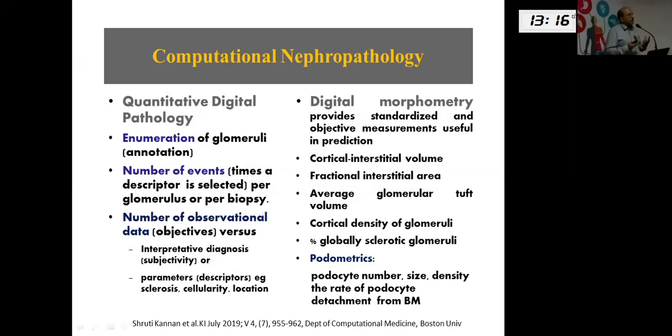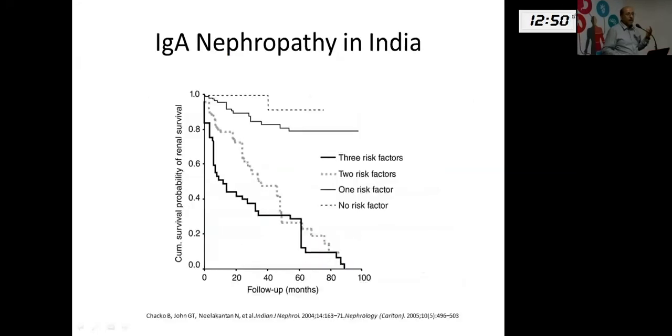All these tend to be prognostic factors in different conditions, not just looking at a slide and giving a guesstimate of disease. Podocyte, the cell that sits on top of a basement membrane, its number and its health matters in terms of prognosis of nephrotic conditions. And that has now become podometrics as a separate discipline.